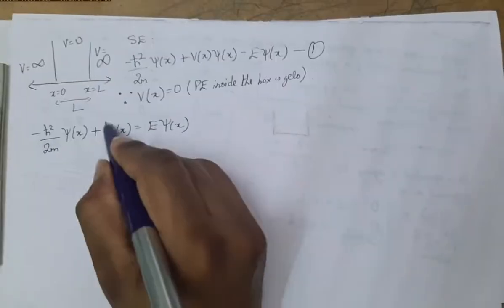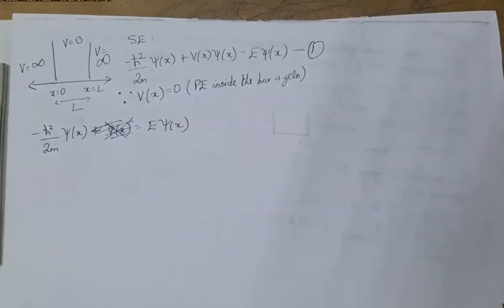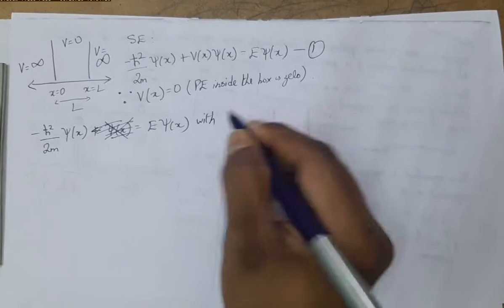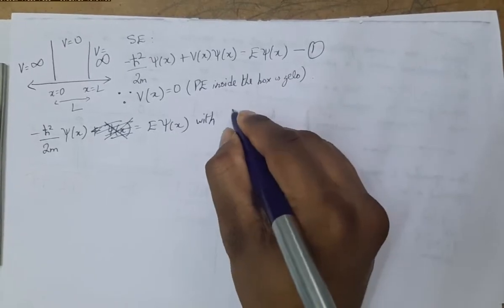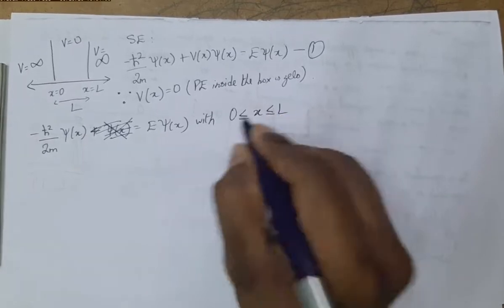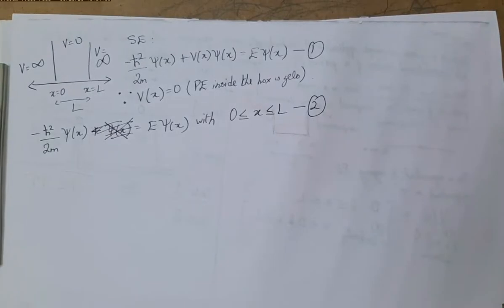The V of x psi of x term will go, so we'll only have this term. There is a condition: only when x is confined to this range can you write this equation. Let's say this is equation 2.